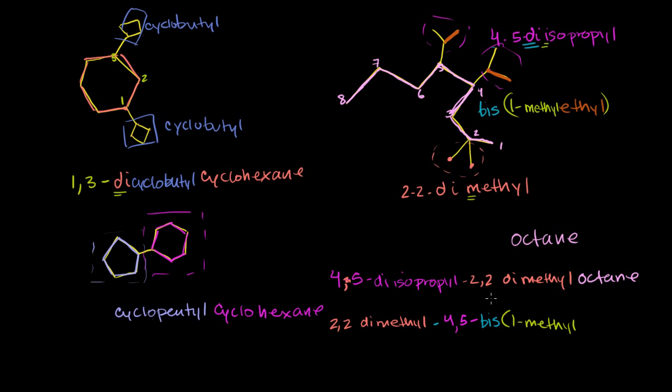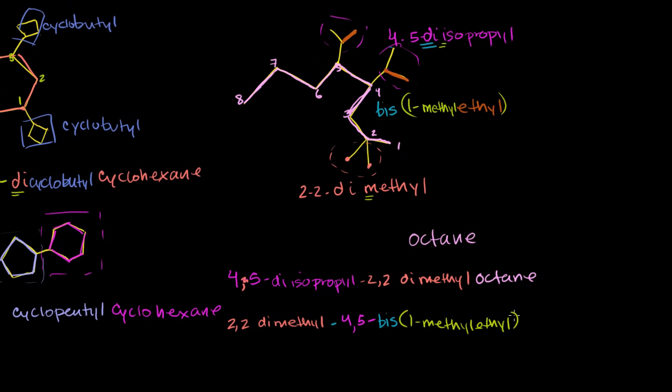I know it's a little daunting now, but it all makes sense when you break it down. Methylethyl groups, and then we can just add the octane at the end. Octane. Let me scroll over to the right a little bit. Octane. And we're done. Now, this might seem more confusing, but when you break it down, it makes sense.